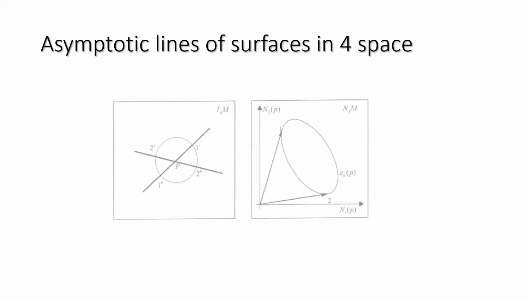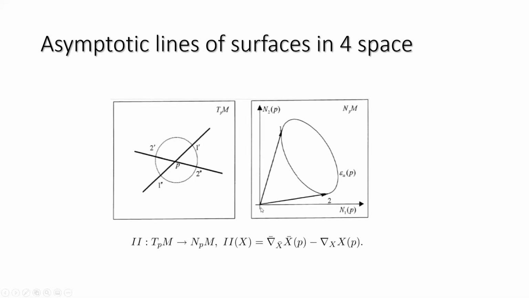This set of lines does not depend on the normal, as the new principal curvatures do. These depend on the immersion only, and are obtained, for those who know, by the pullback of the second fundamental form of the lines that you get here from the origin to the curvature ellipse. How do you build them? I just want to give some idea, the geometric idea of the phenomenon.